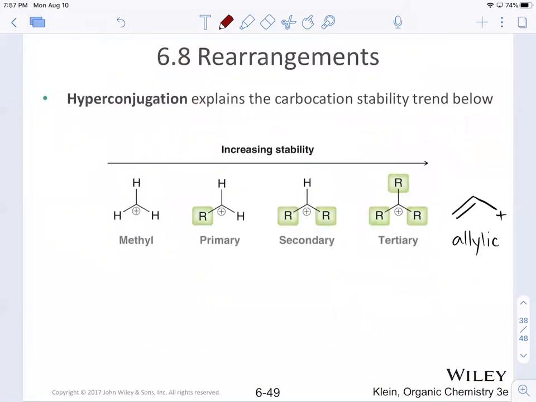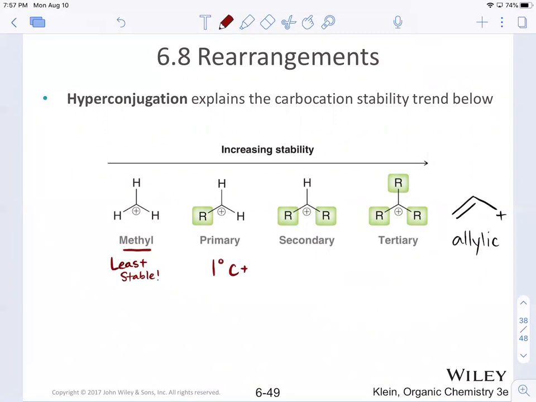So the more carbon groups you have around a carbocation, the more stable it is. Methyls, where there's no carbon groups, a methyl carbocation is the least stable carbocation. Will not form ever. Don't even try, it's not going to show up. Primaries, sometimes written as primary carbocation by myself, those are not super stable.